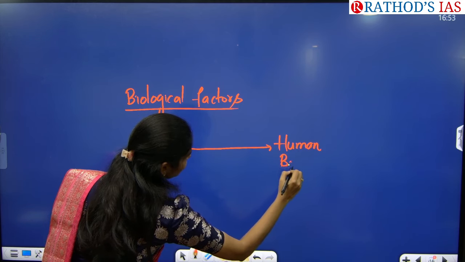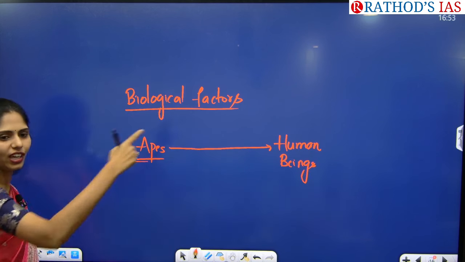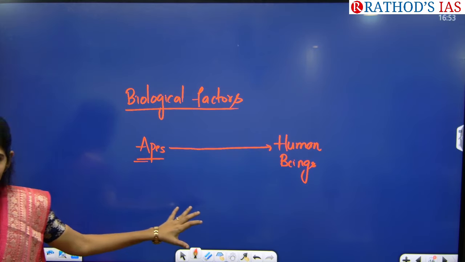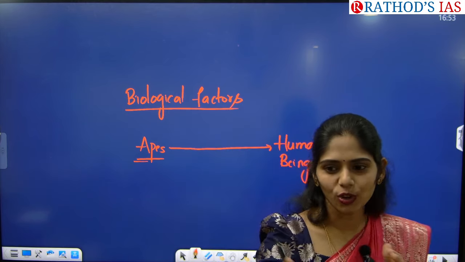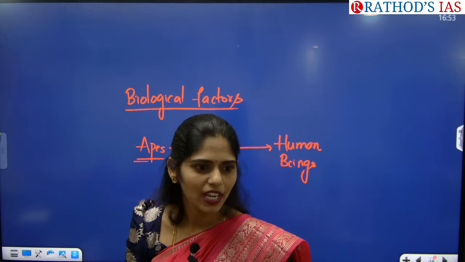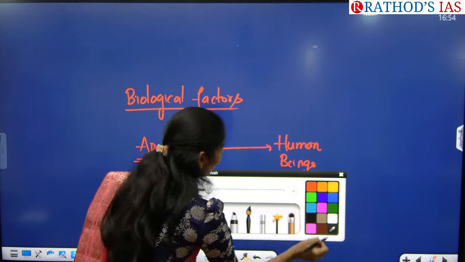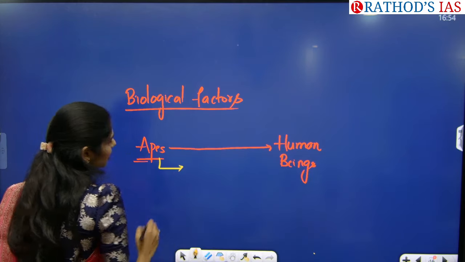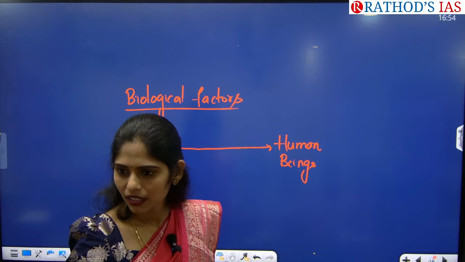So from monkeys to humans, a lot of changes happened. Those changes are divided into biological changes, that means within the body, and cultural changes. Can you guess what might be the changes that led to evolution? What might be the changes that happened?